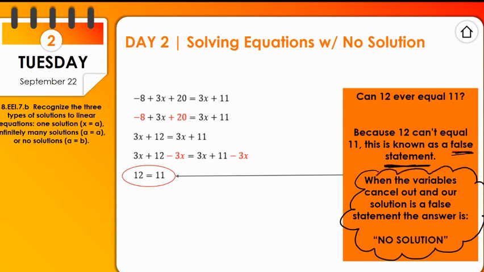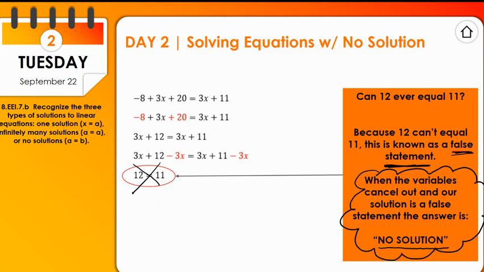When the variables cancel out, and our solution is a false statement, the answer is no solution. It is not 12 equals negative 11. The answer is no solution.